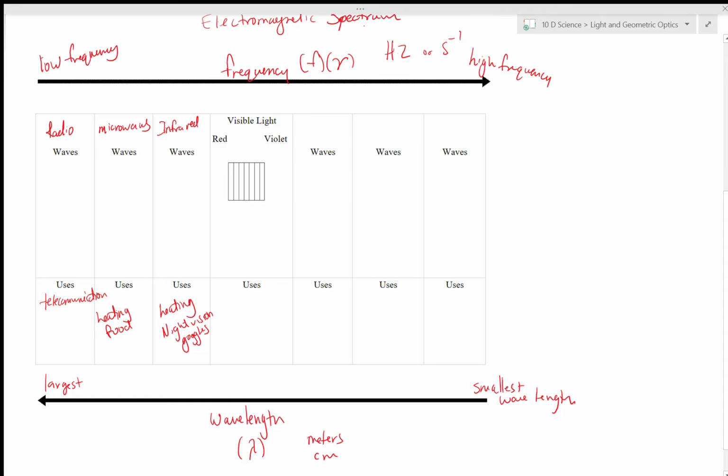And then we get into the visible light part of the spectrum here. Now this is of course the smallest, or one of the smallest components of the electromagnetic spectrum, but I want you guys to really pick out here the words that we're using. Here we start with red. Red light has the largest wavelength of all of the colors.